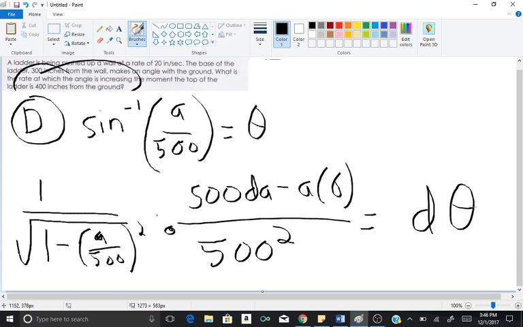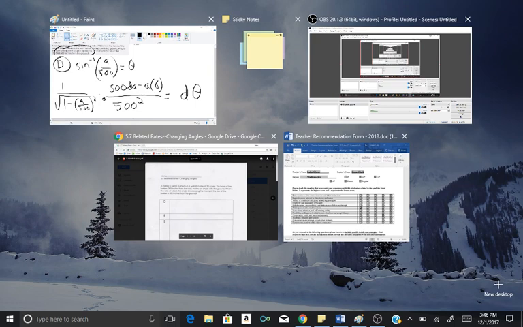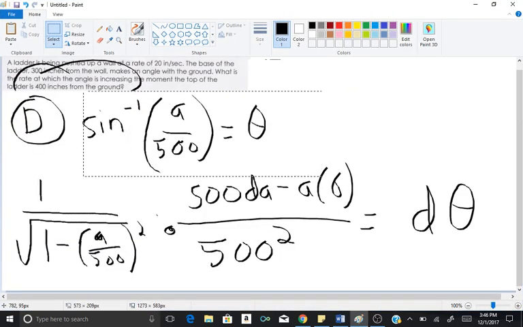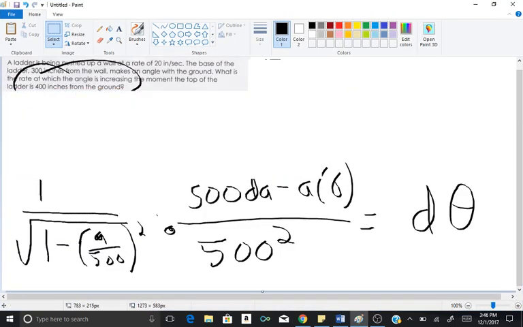All right, cool. So when we substitute stuff into that, I'm just going to start from that side every time. We know that A is 400, so I'm going to go ahead and sub 400 in for A. So I've got 400 here.